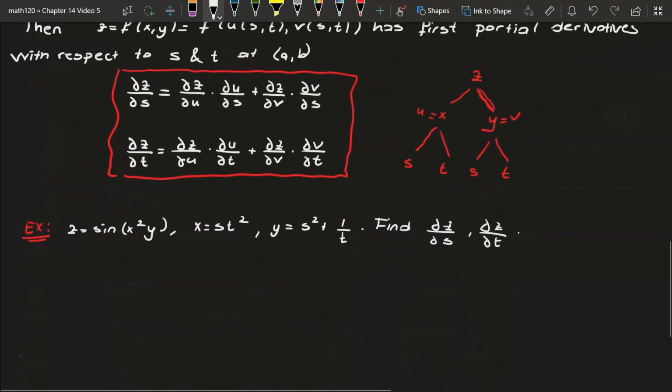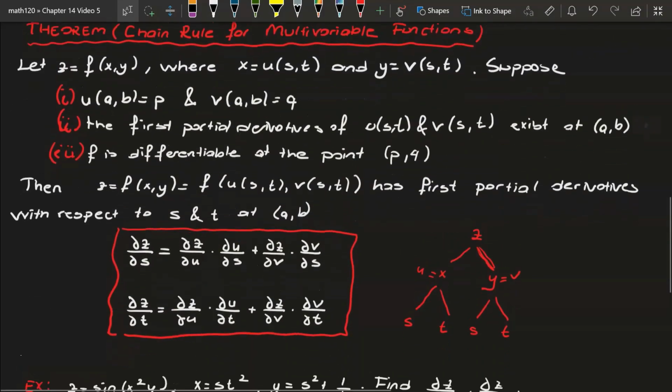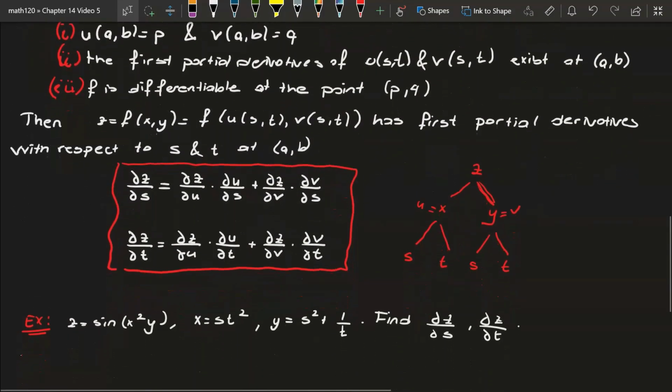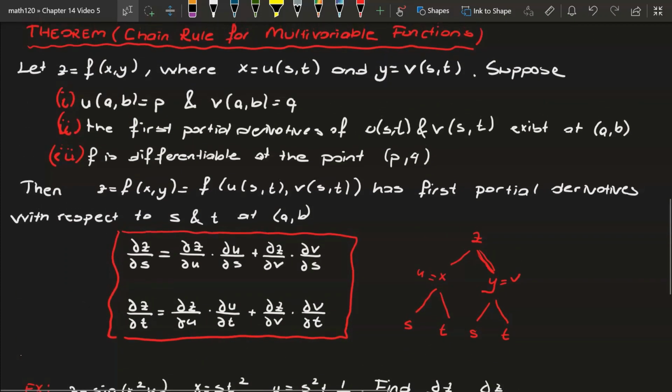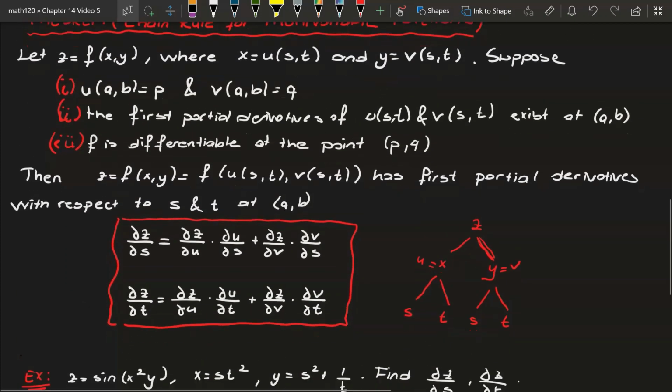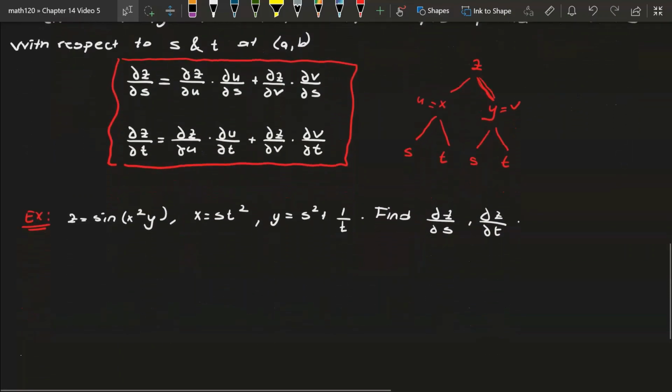Okay, you see, we have a function z equals sine of x squared times y. It's a differentiable function everywhere. First partial derivatives are continuous, you can check. So it's differentiable everywhere. And x and y are differentiable functions, as also first partial derivatives exist, of course.